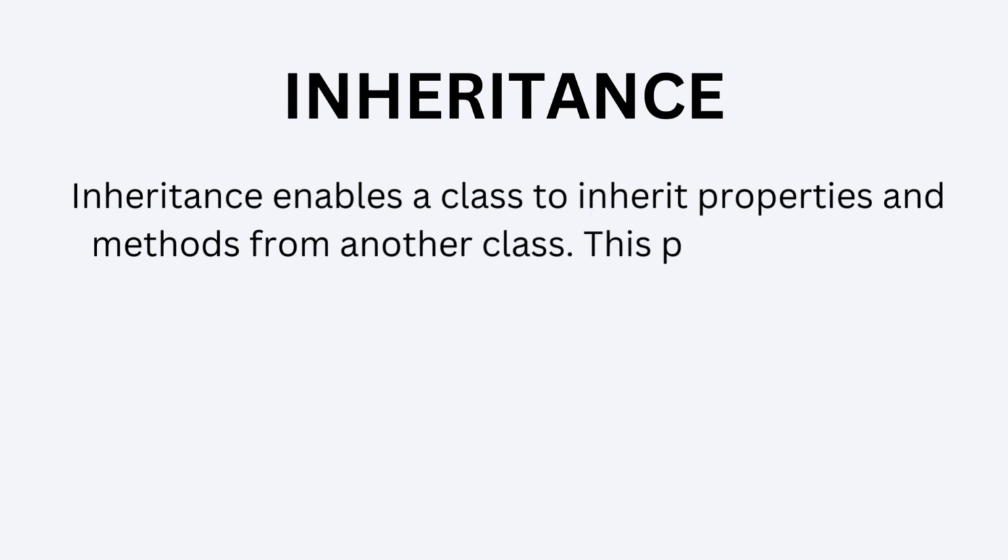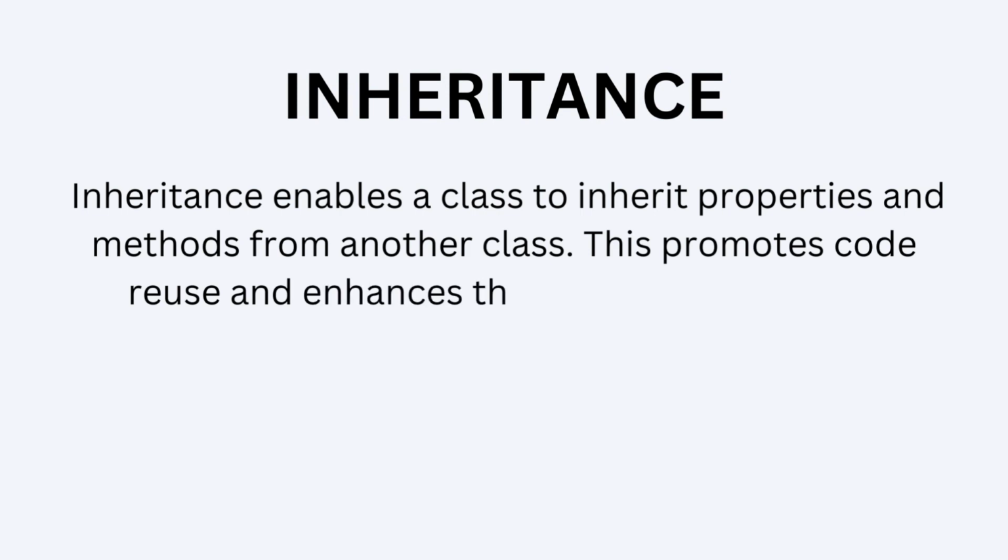This promotes code reuse and enhances the hierarchy of classes. Well, what does it actually mean, hierarchy of classes, and how can it help us to reuse and enhance our code? Let's see.